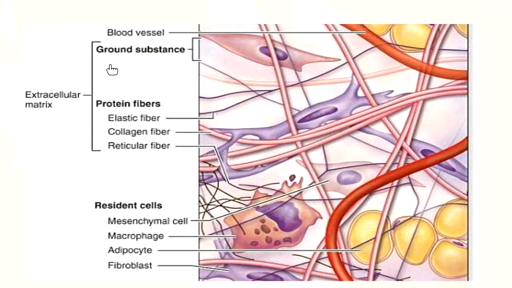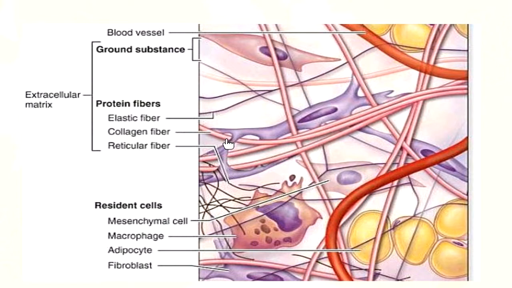See here again, we saw three basic components of the connective tissue: extracellular matrix, the fibers, and the cells. So these resident cells of the connective tissue are mesenchymal cells, macrophages, adipocytes, and fibroblasts. Three types of fibers, that is elastic fiber, collagen fiber, and reticular fiber.